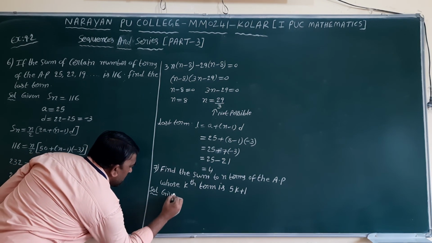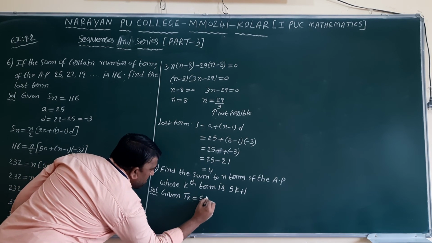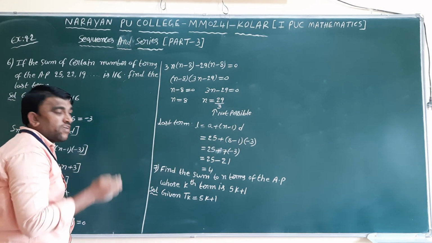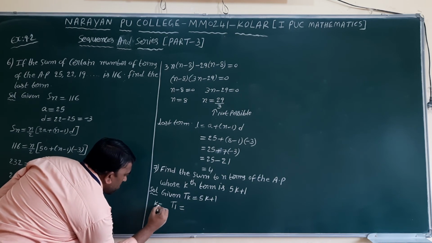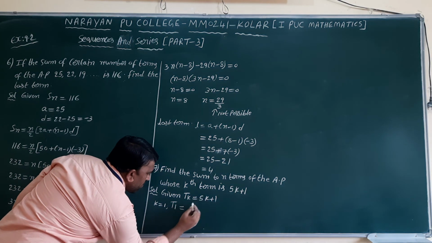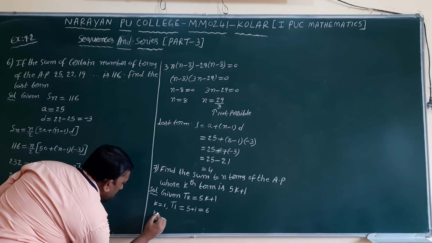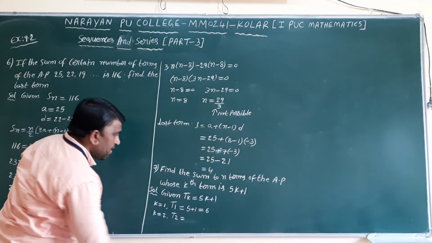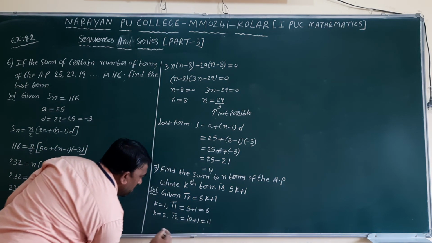Solution: given Tk, the k-th term, is 5k plus 1. If I substitute k value 1, we get the first term T1: 5 into 1, 5, plus 1 is equal to 6. K value 2, second term, we get 5 into 2, 10, plus 1, is equal to 11.